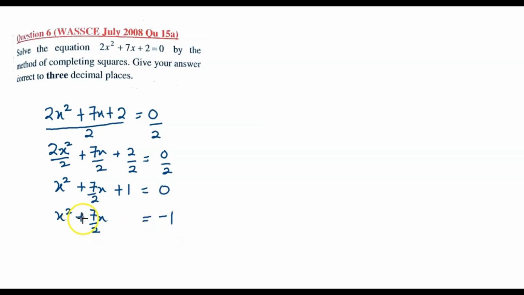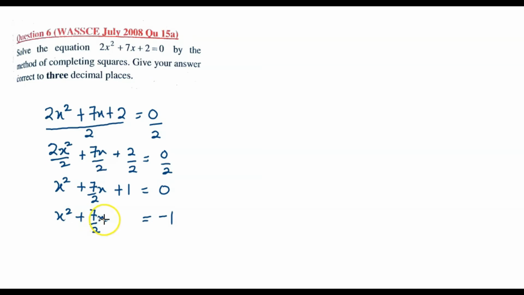Therefore, to complete the square on the left hand side, we select the coefficient of x, half it, square it, and then add it to both sides of the equation.